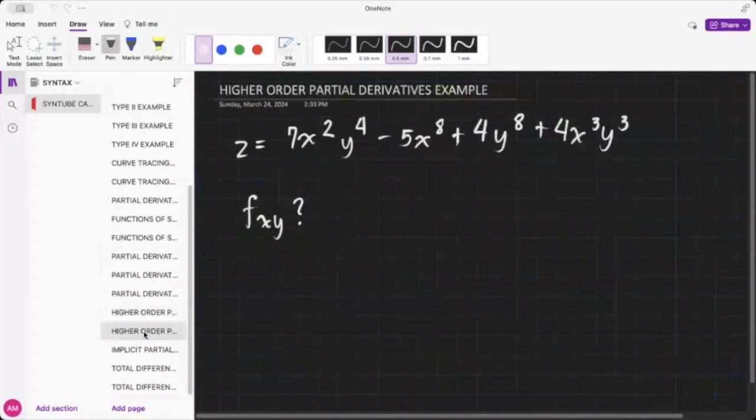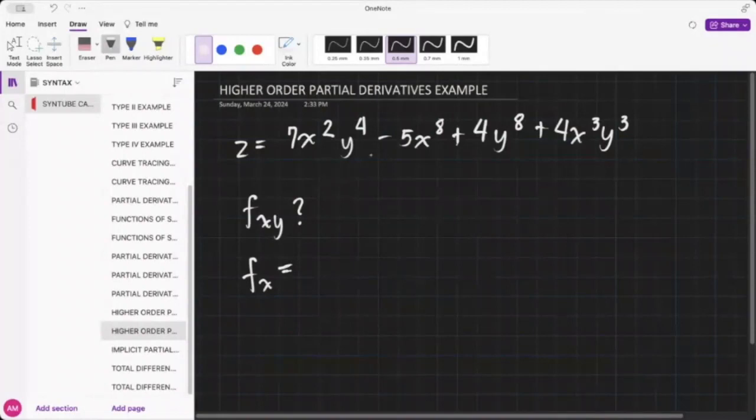So, let's have an example. Let's get the partial derivative of this function. Tas ito yung hinahanap niya. Una muna, with respect to x, then with respect to y. So, parang ginawa natin kanina.